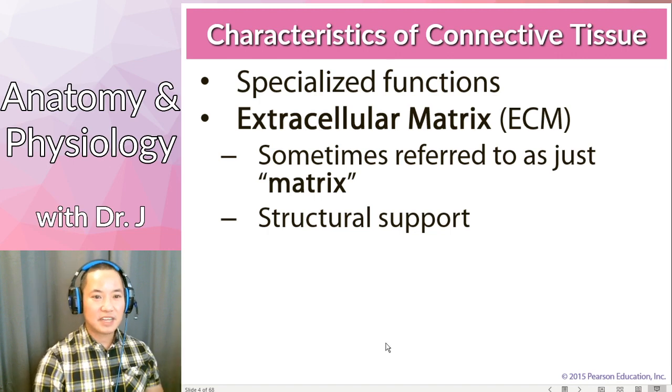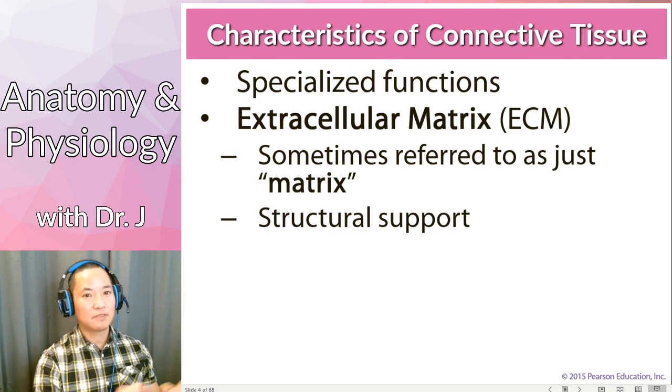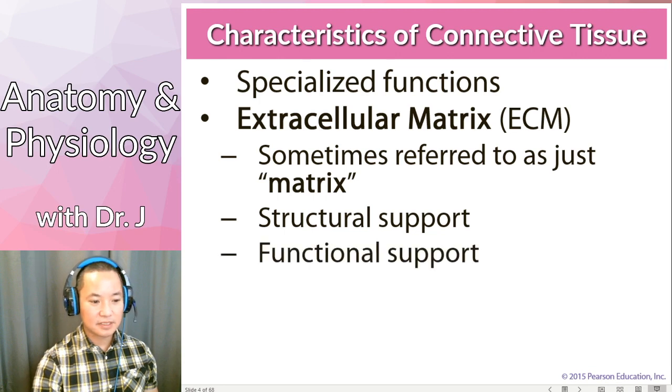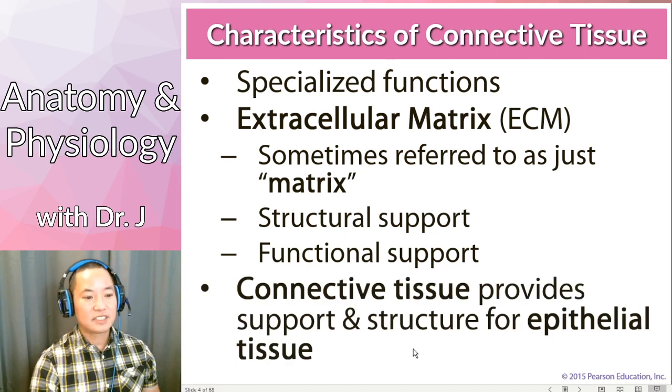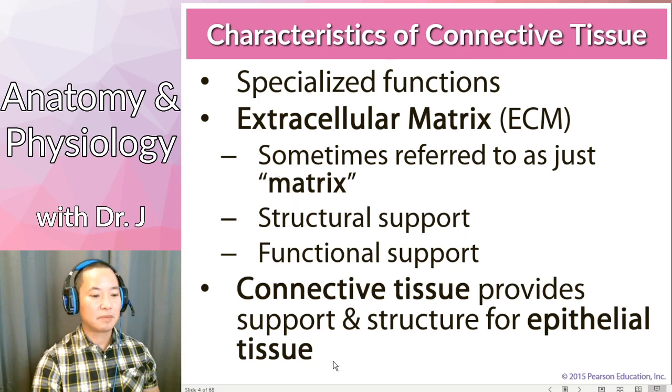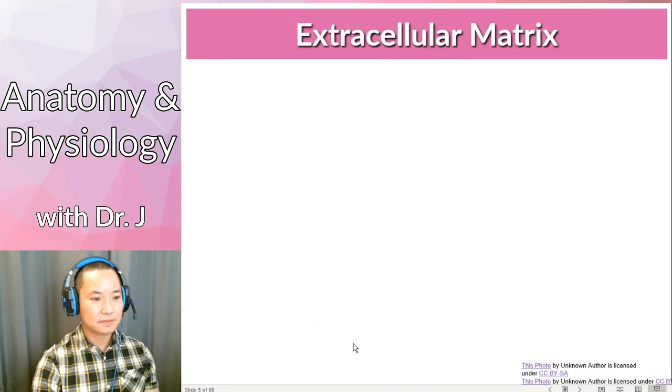But the matrix is the stuff outside of the cells, and these aren't cells themselves. They're important for the overall function of the tissue, but they're not actually the living cells. They're not only there to keep cells in place, they're also very important in terms of functional support. In addition to having specialized functions, when connective tissues are in a membrane, they also provide support and structure for epithelial tissues.